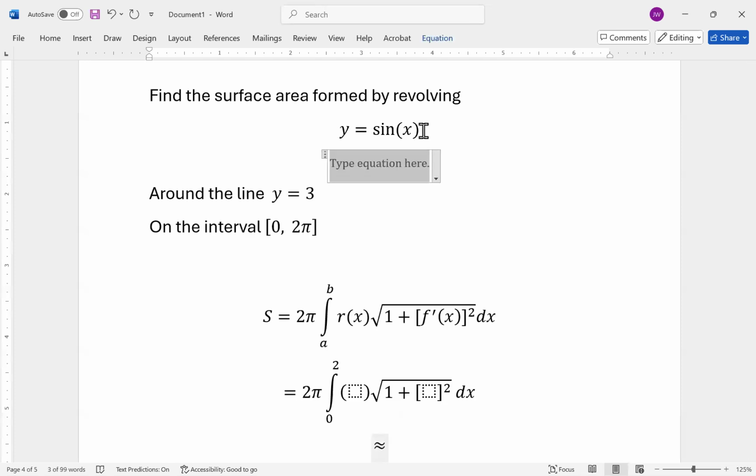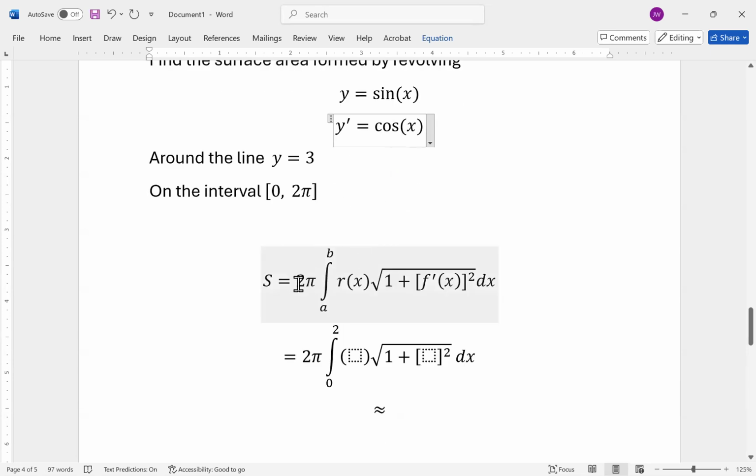I've got to do a few things here. First, I'm going to take the derivative. We've already done this in one of our arc length questions. The derivative of sine is cosine of x. When we go to integrate, I'm going to integrate with respect to x because it's much easier to take the derivative of sine than if I were to redo this.